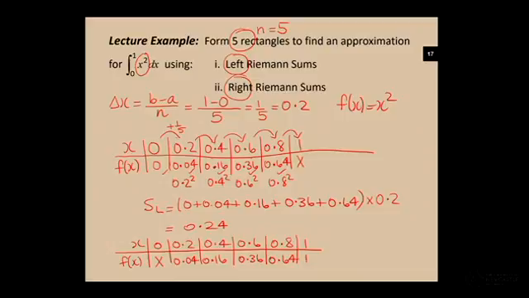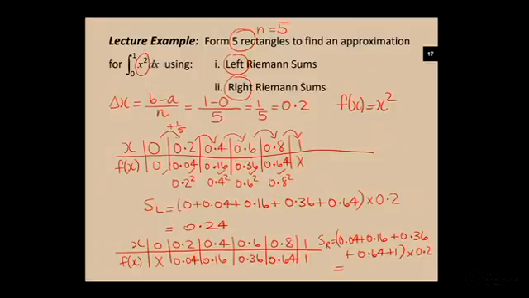So I'm going to write my right sums over here. I'll put my right sum and I'll be adding up my 0.04 plus 0.16 plus 0.36, I'm going to come around here, 0.64 plus 1 multiplied by my 0.2. All right, I need an answer on that one.